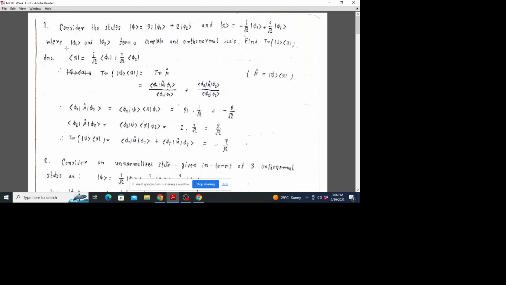But these representations, the linear combination representation, are basis independent. When you write the explicit row vector, column vector form for psi and chi, then the importance of basis will come into play. Otherwise, as given in the question, this is just a basis independent expression.